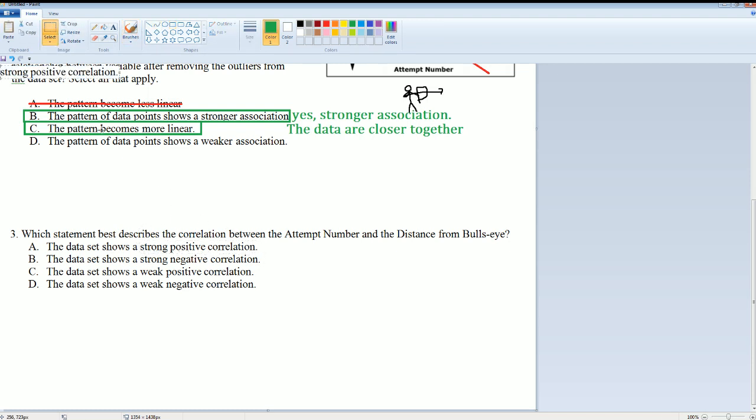A strong positive correlation. How does a strong positive correlation look? Let's see if I could make dots. A strong positive correlation would look something like this.